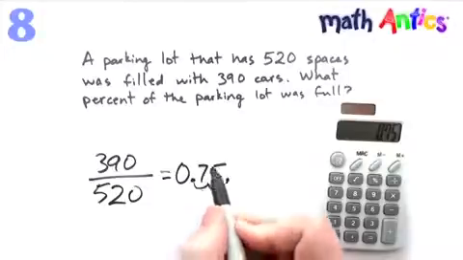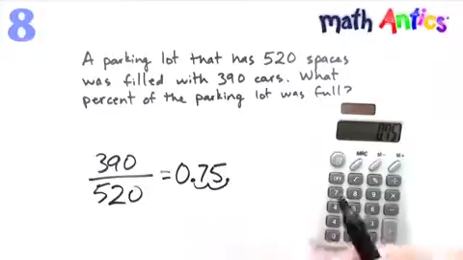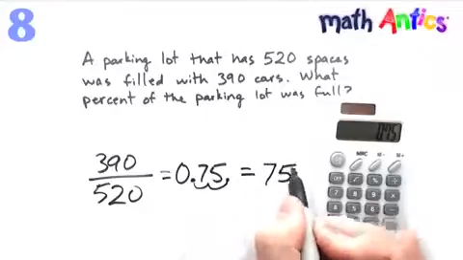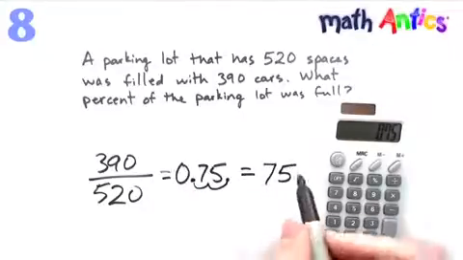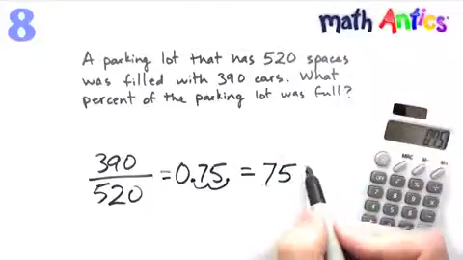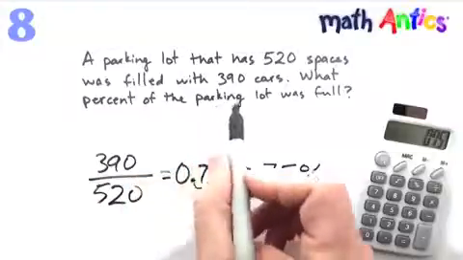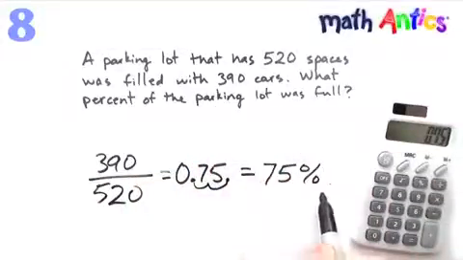And so now we have 75 point nothing. So that equals 75, because that 0 was just a placeholder. We don't need that here. And then we put in the percent sign. So the percent of the parking lot that was full is 75%.